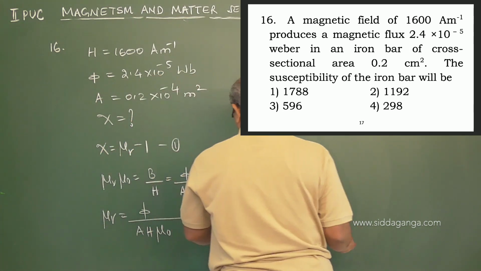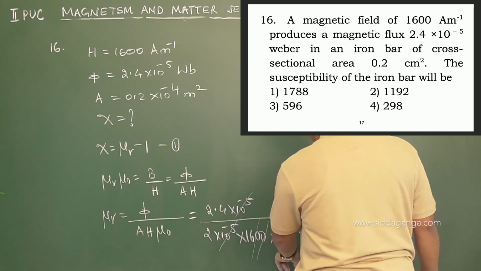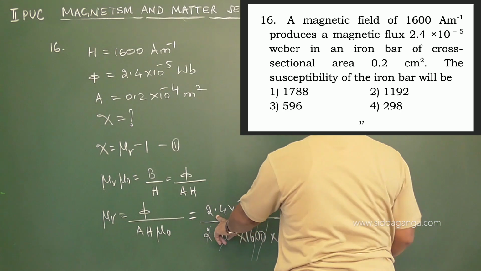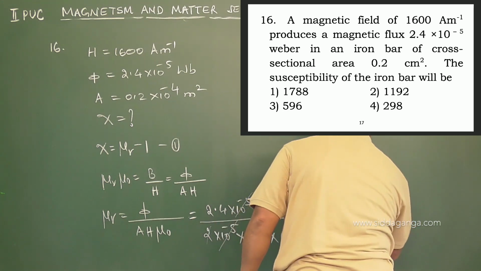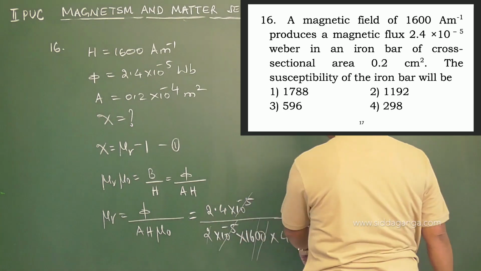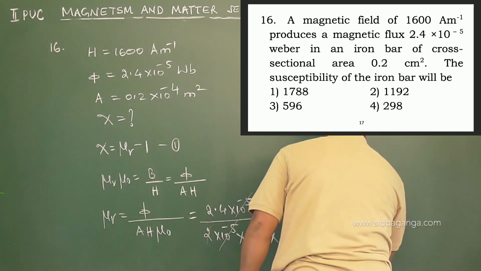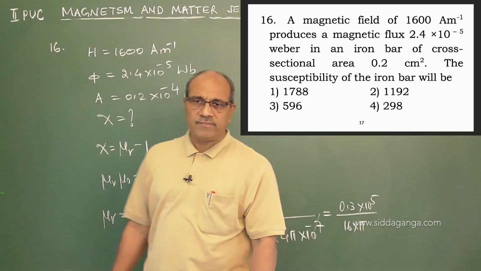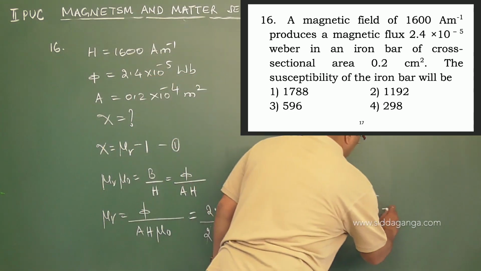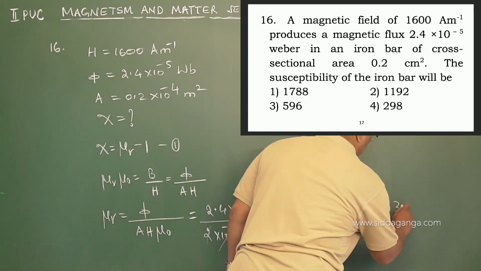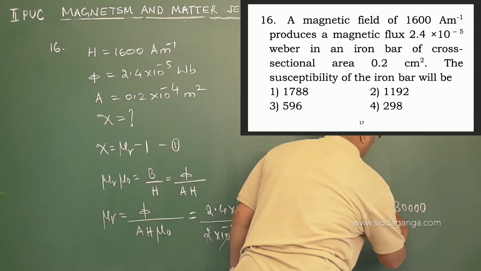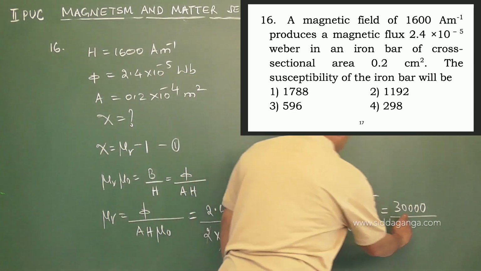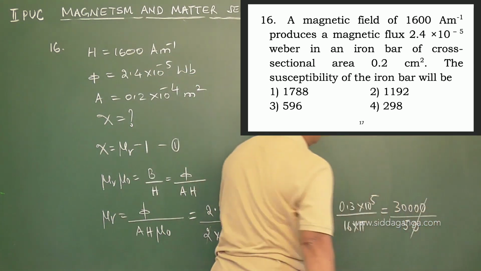In the numerator 4 2s are 8, 8 3s are 0.3 into 10 power 5 minus 7 upward, over 16 pi. With 4 zeros upon 16 3s is 48, I approximate to 50.